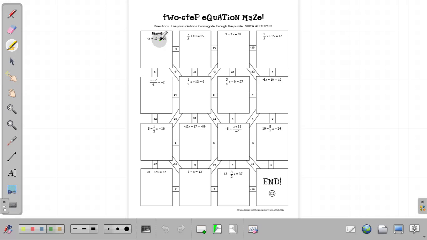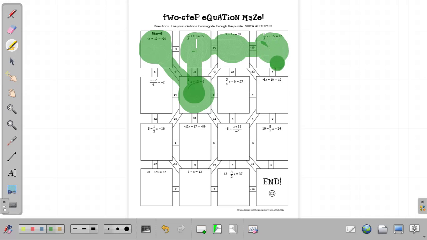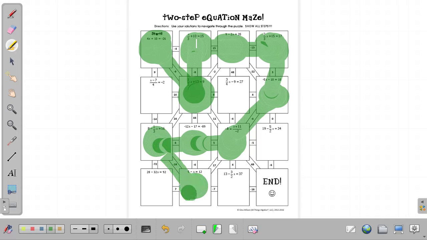But the official answer to this is you're going to start in this box, and then we're going to go down diagonally to this box, which takes us up to this box, then to the right to this box, to the right again to this box, down to this box, diagonally to the left to this box, to the left to this box, to the left to this box, diagonally to the right to this box, and lastly from here to there, and then we get to the end.